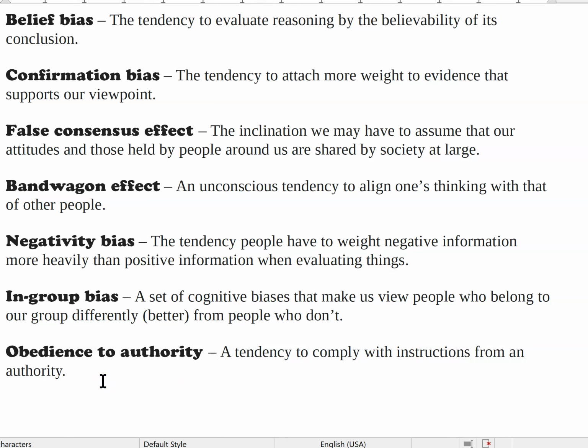Before I let you guys go, specifically in regard to obedience to authority, it's worth mentioning that as we continue to conduct these experiments, like the Milgram experiment, around the world, a lot of people in other countries do not quite respond the same way.